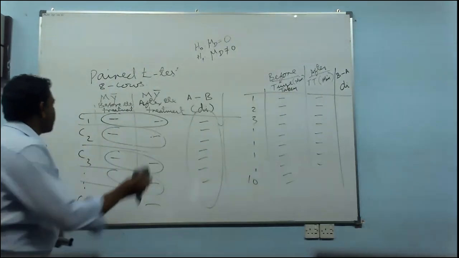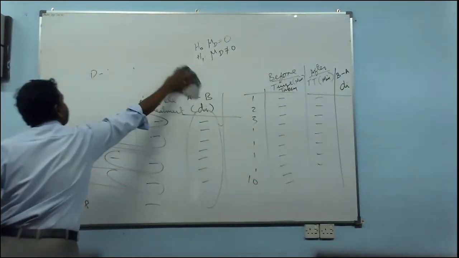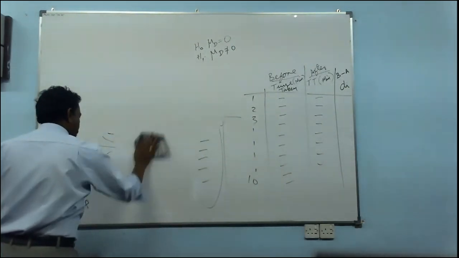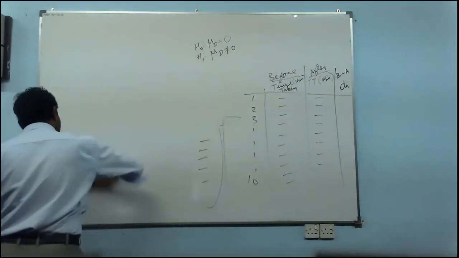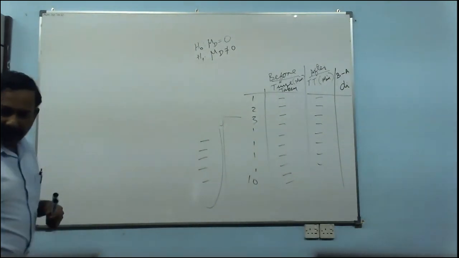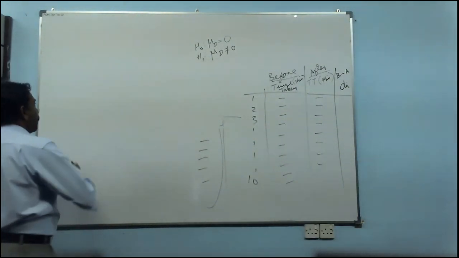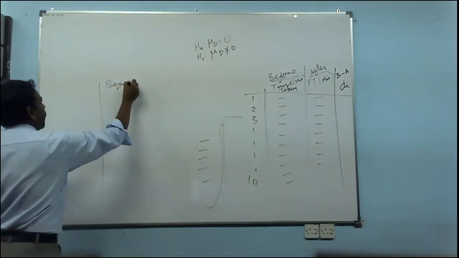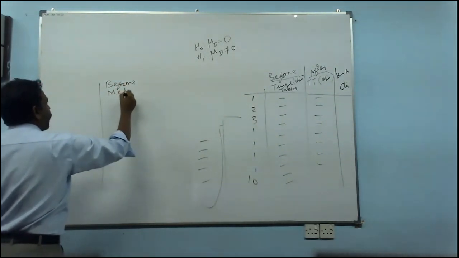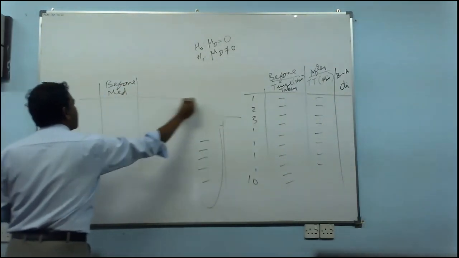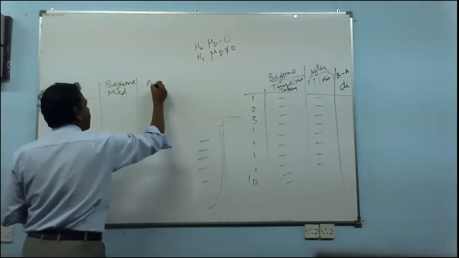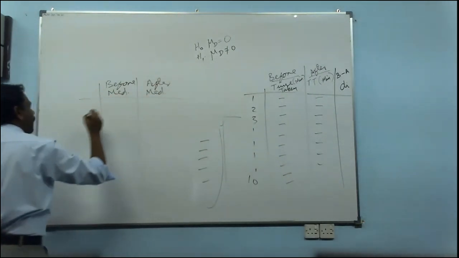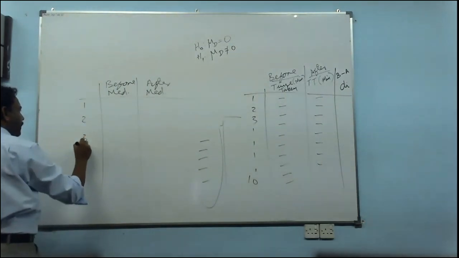Can somebody tell me? Null is an easier one. What about the alternative one? Cholesterol level before medicine, after medicine, first person, second person.